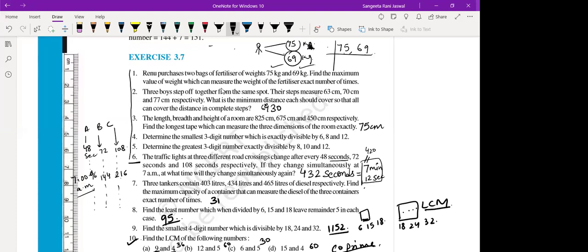Find the maximum value of the weight which can measure the weight of the fertilizer an exact number of times. So you have to find the maximum value of the weight. What will you do in this question? Who will tell me? We have done this question earlier.